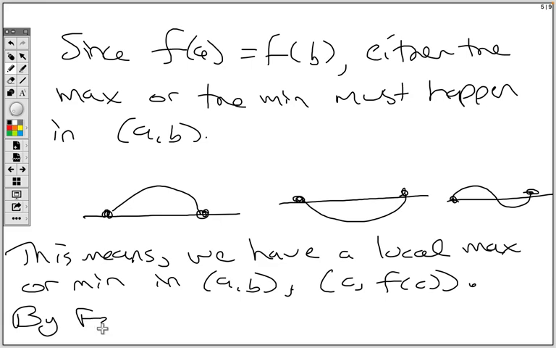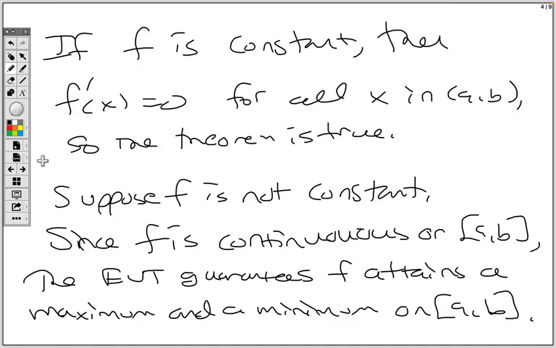So by Fermat's theorem, we know that if we have a local max or min of a function in an open interval containing the local max or min, the derivative either doesn't exist there or it's equal to 0. But what are we assuming?